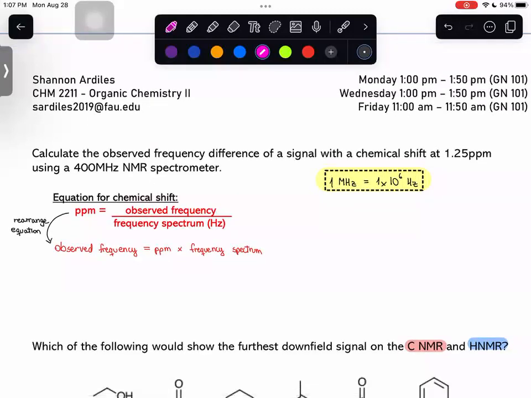This is going to be the only math part for this class. You're only going to need the calculator for the first exam and that's it. We have to memorize a formula for the ppm values, the formula that's in red, so please memorize that one. Your ppm value is always equal to the observed frequency over the frequency of the spectrometer. Keep in mind that everything has to be in hertz.